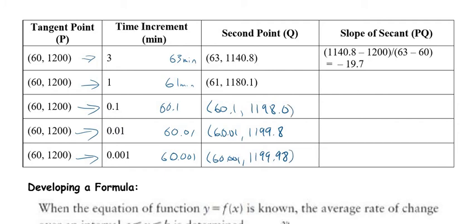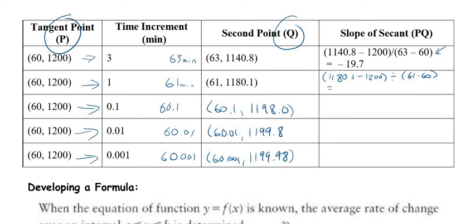So the last step, we have to find the slope of the secant. So this is just the slope between point P and point Q. So we're just taking the difference in the y's over the difference in the x's. So for point 1, that was 1140.8 minus 1200 divided by 63 minus 60, and we get negative 19.7. For the second row, now we're going to do the difference in the y's, which is 1180.1 minus 1200 divided by 61 minus 60.